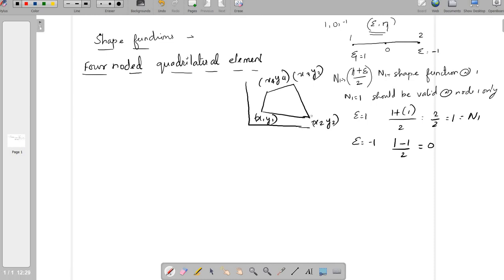So it is some irregular shape, an irregular quadrilateral element. The same element is represented as a proper rectangular element in the local coordinate system, or we can call it the child coordinate representation.